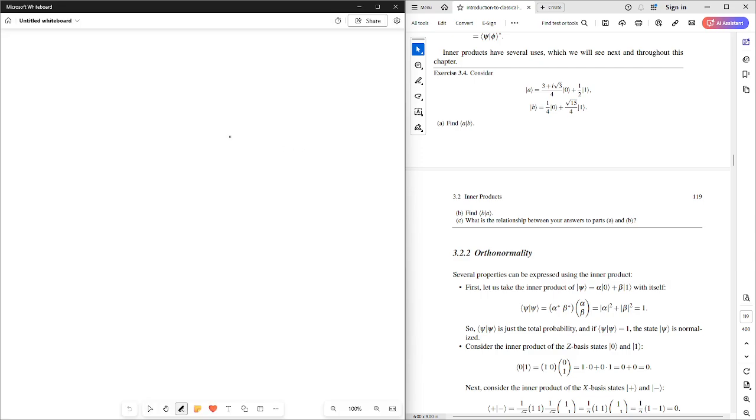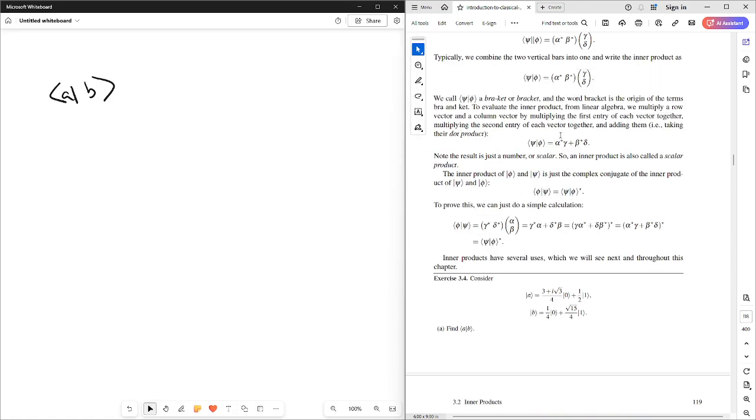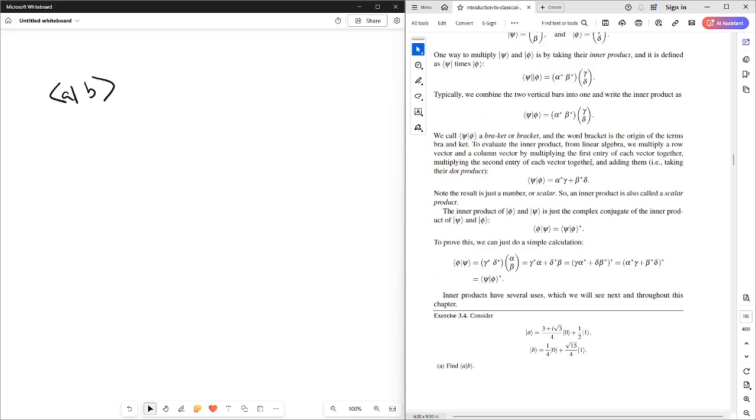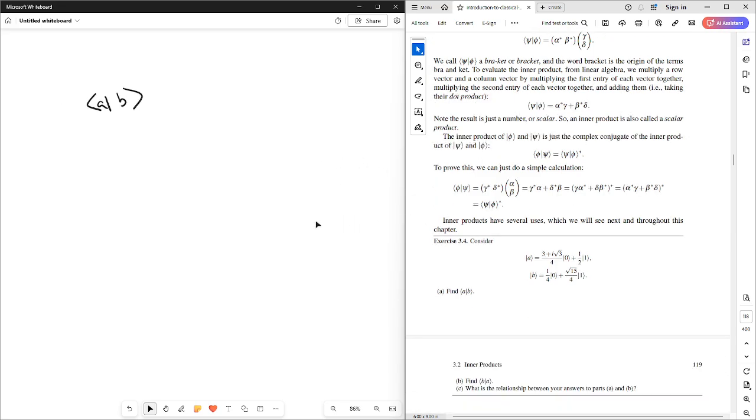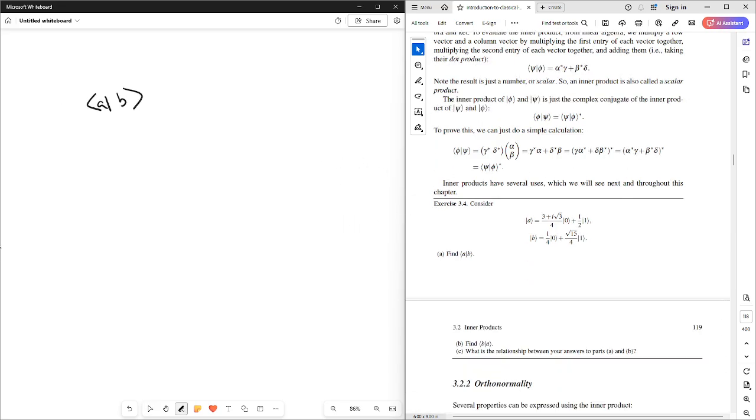So for A, we want to find the inner product of A, B. A in column vector form is 3 plus i square root of 3 over 4 and 1/2.